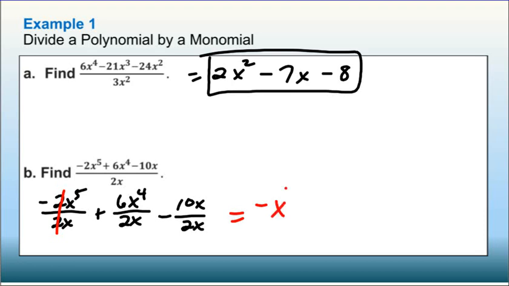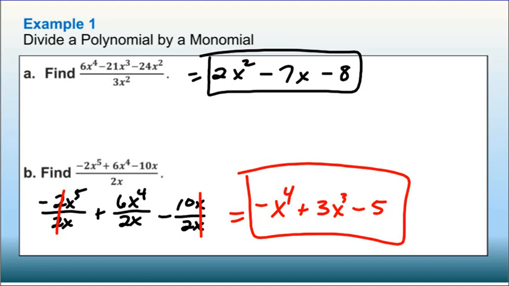So this would be x to the fourth plus 6 divided by 2 is 3. X to the fourth divided by x is x cubed, minus 10 divided by 2 is 5. X divided by x cancels each other off. So my answer would be x to the fourth plus 3x cubed minus 5.